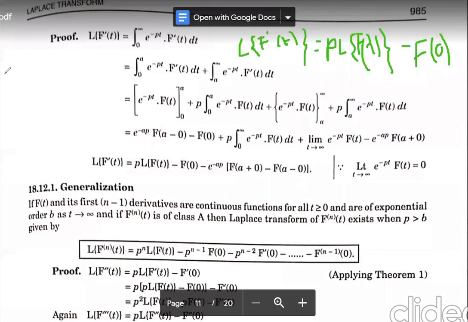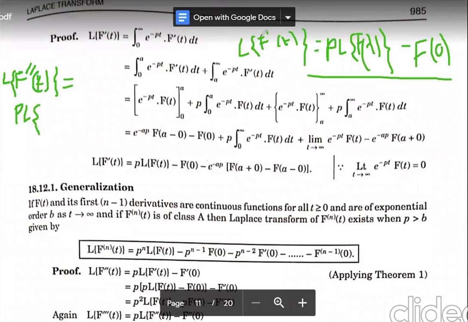Similarly, if you want to find the Laplace transform of the second order derivative, so the Laplace transform of f double dash of t is equal to, if you use this formula, first p times the Laplace transform of, now see, it was f dash t, so it becomes f of t.